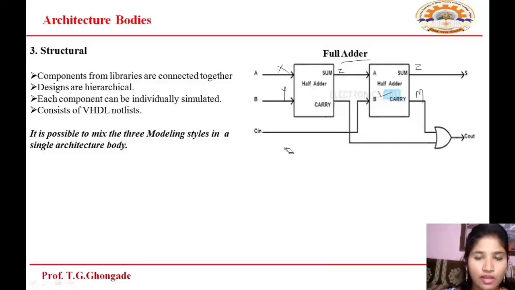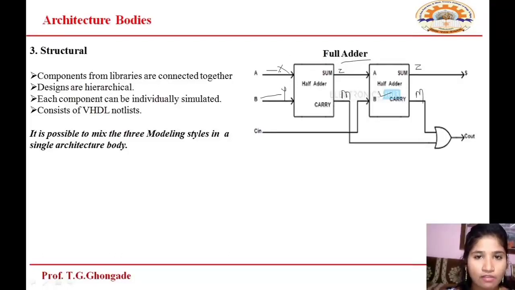Now first I will map my X to A and Y to B by using the port map function, which we have seen in the previous lecture.